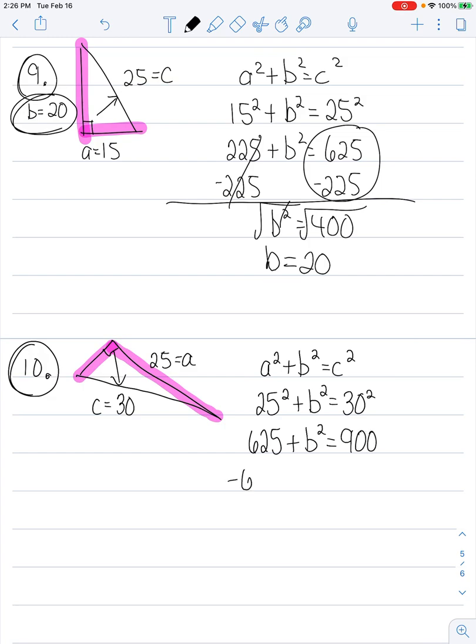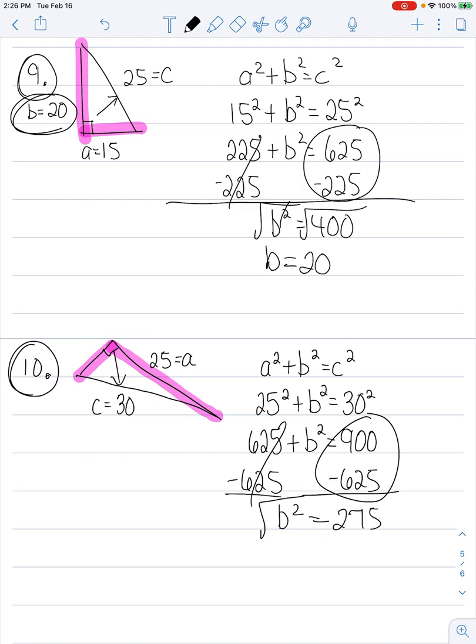Now since I want to get the B by itself, I'm going to subtract 625 from both sides. So I get B squared equals 900 minus 625 is 275. And my last step is to take the square root. So you get about 16.6. So our missing side is about 16.6 units long.